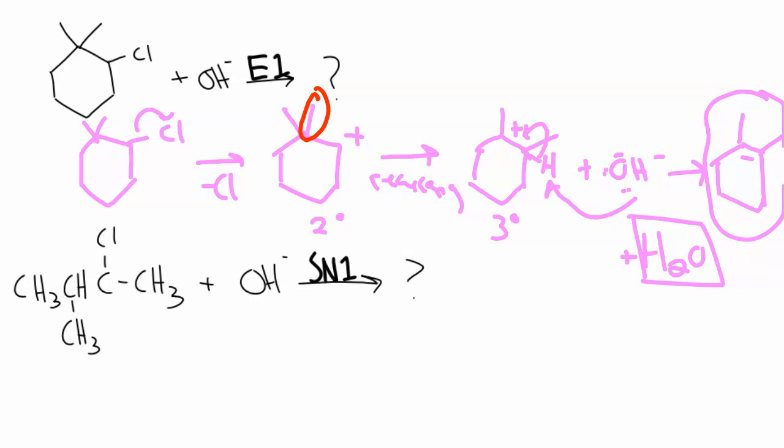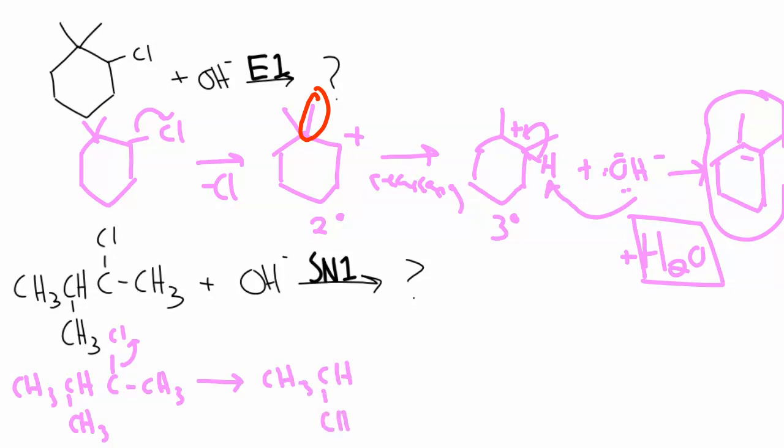Okay, so SN1. Your first step is still the same. The leaving group comes off. Okay, so this is a secondary carbocation.